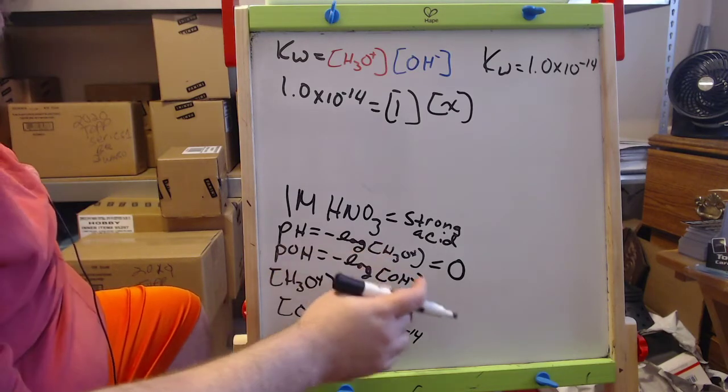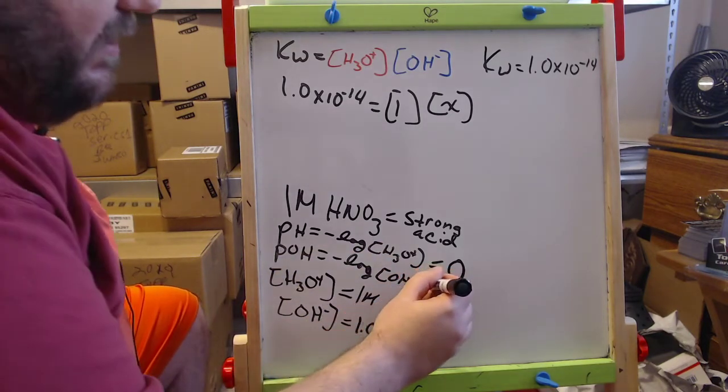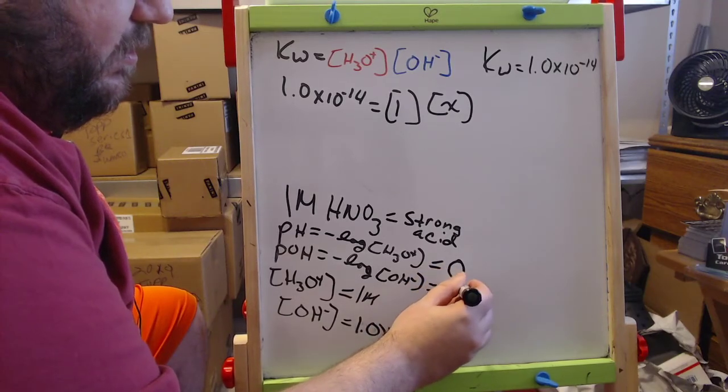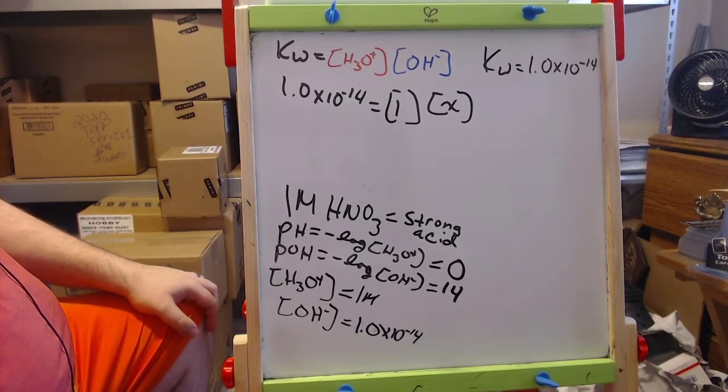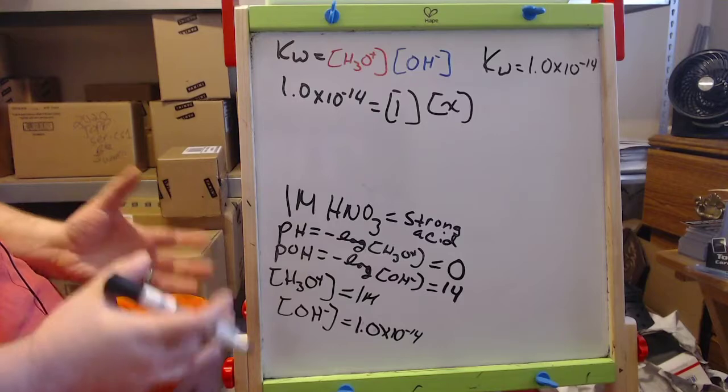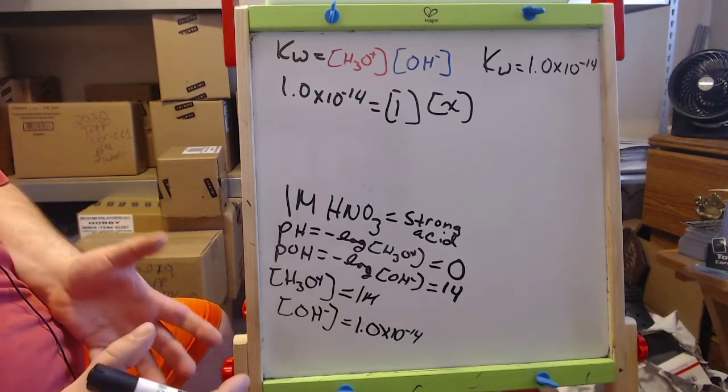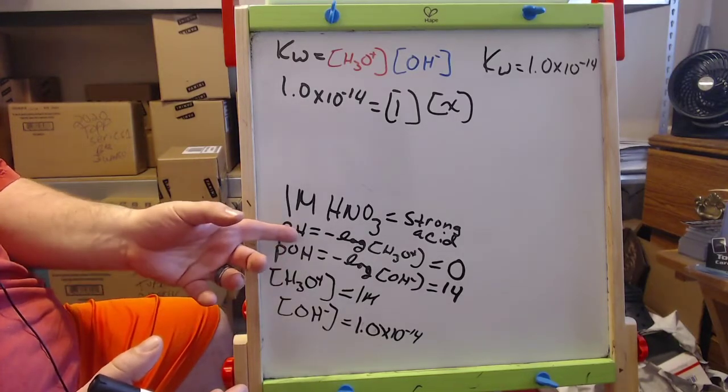Take the negative log of 1.0 times 10 to the negative 14th, and you get 14. And basically, we've solved the problem and figured out my pH.